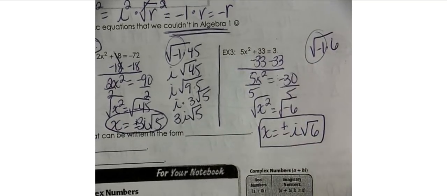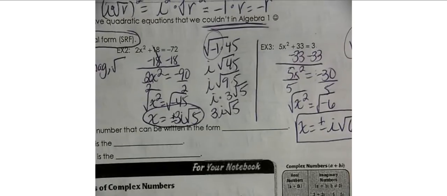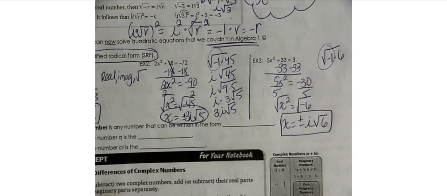Now please know that any complex number can be written in the form of a plus b times i, where a is considered the real part and b times i is called the imaginary part. So there's always going to be a real part and an imaginary part in any complex number.